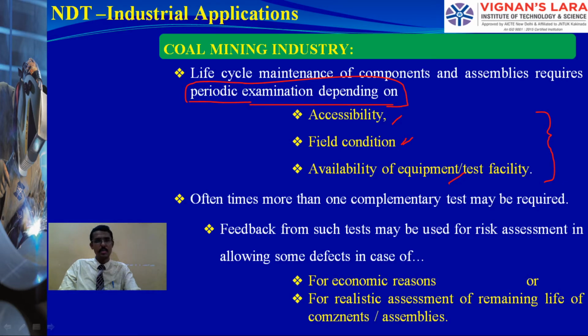Periodic differences may come with respect to temperature, and the accessibility to reach those conditions may or may not be possible. Then there is availability of the equipment. We have to go deeper and do visual inspection with the remote aid of video cameras; otherwise it is not possible. At that time we need the availability of a video camera setup. Then only is it possible to do those inspections, if such conditions are available.